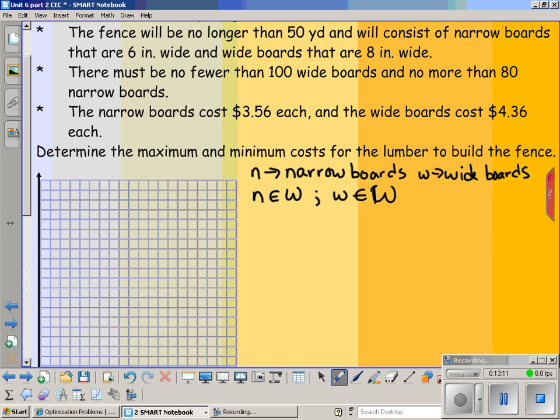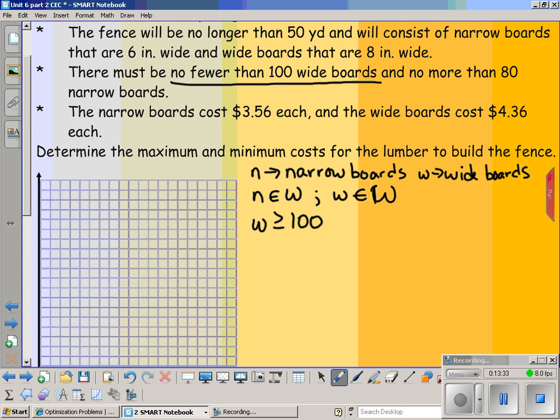Now we need to look at our constraints. What else does it tell us about the amount of wide boards? It says no fewer than 100 wide boards. So we need to set that up, and it's the wide boards have to be larger or equal to 100.